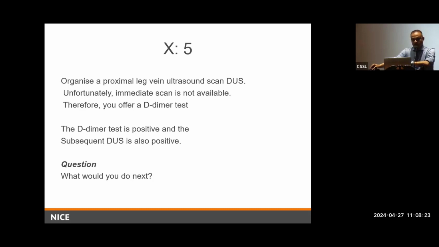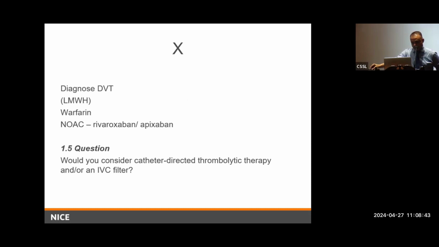But unfortunately, if you can't get the ultrasound scan done in a hurry, another thing that you can do is a D-dimer test. D-dimer, although it is not very specific, it is highly sensitive. If it is positive, there is a very high likelihood that you're having DVT anyway. So your DVT is diagnosed.